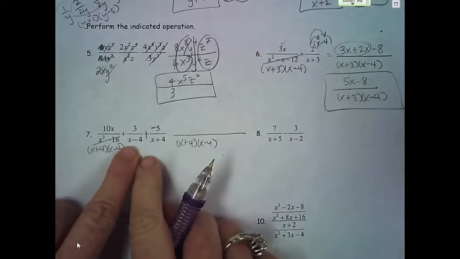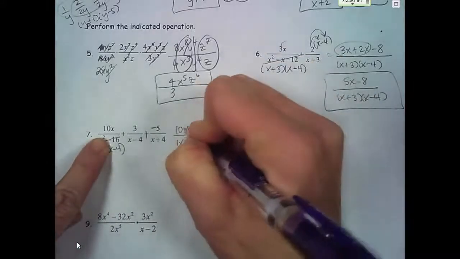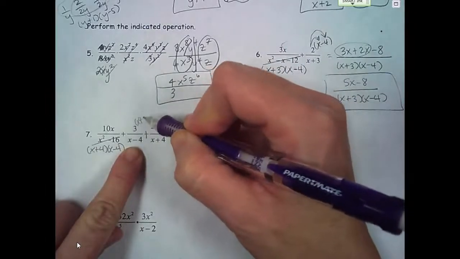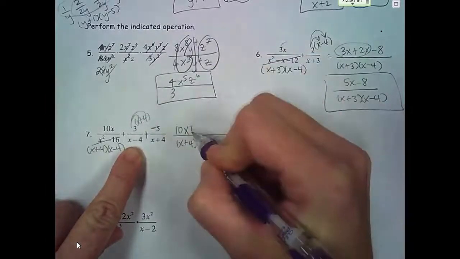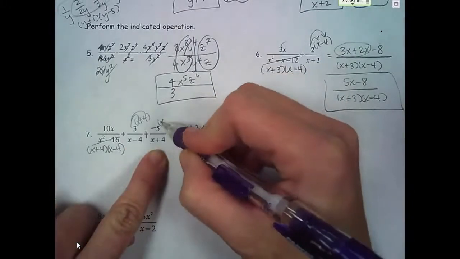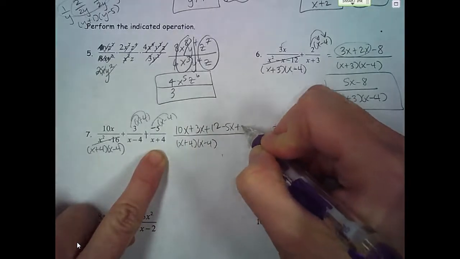This one has x minus and it says x plus. Right, so the first one needs nothing. I'm going to slide it over. The second fraction needs an x plus 4. Don't forget to distribute to both. So plus 3x plus 12. This needs an x minus 4. Again, both. So negative 5x plus 20.